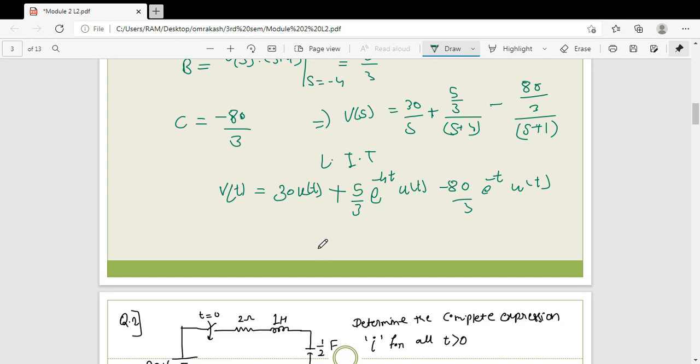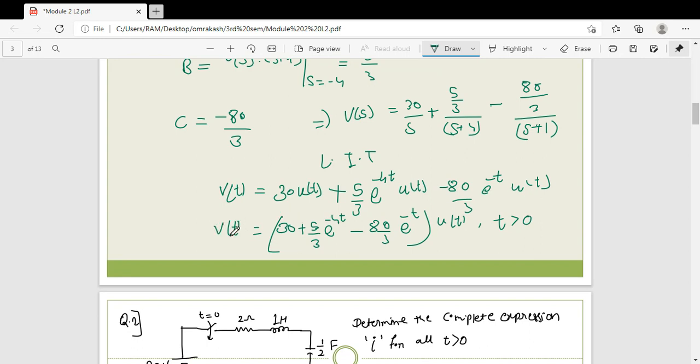So this is your equation. You can easily take the common factor u of t. So this is your original equation, which you get, minus 80 by 3 e to the power of minus 3t for unit step input, right? For unit step input when t is greater than 0, right?